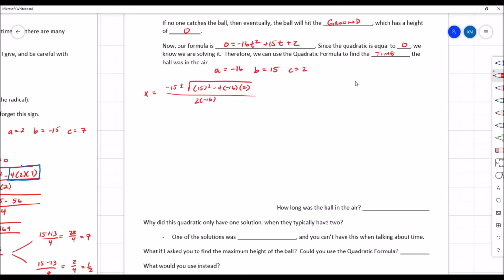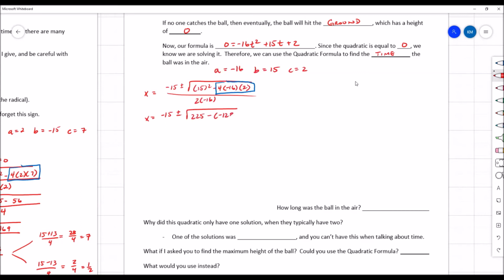I'm going to make sure that as I go through, I'm being careful with my terms as I put that together. Simplifying, I get x equals negative 15 plus or minus the square root of 225 minus negative 128.